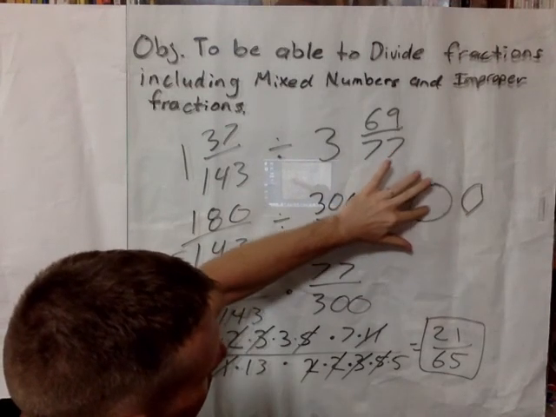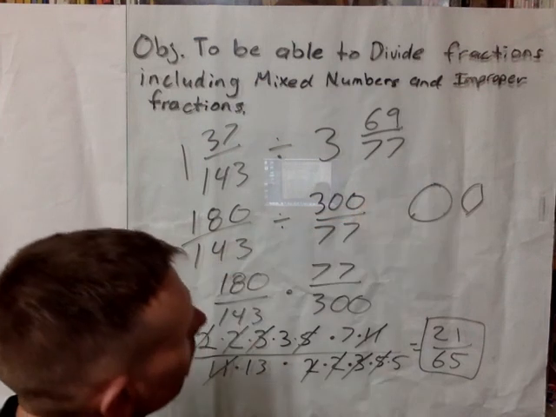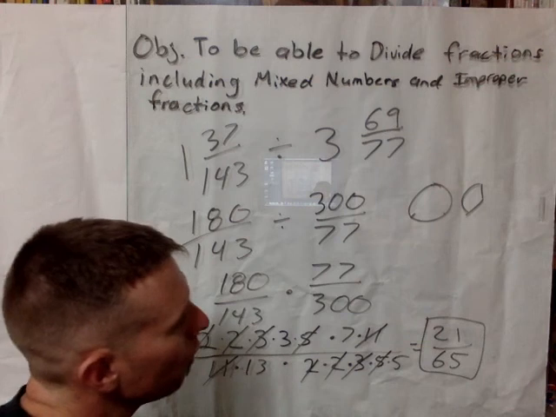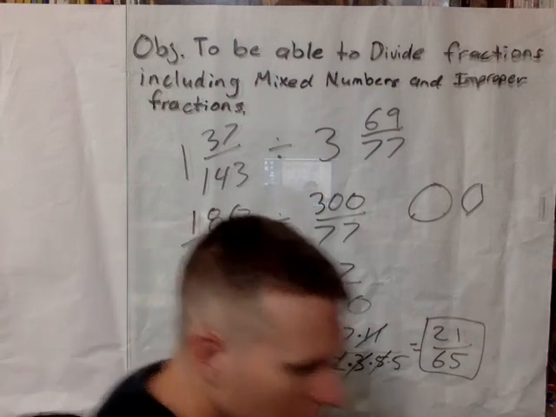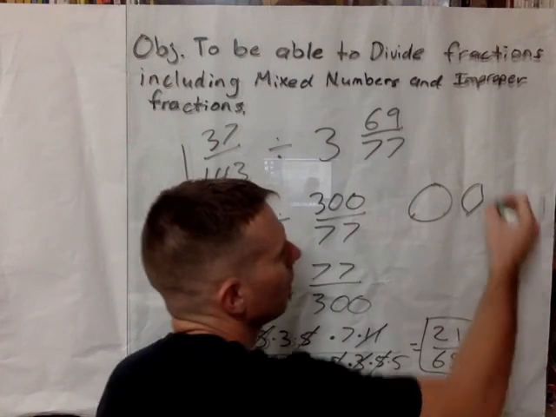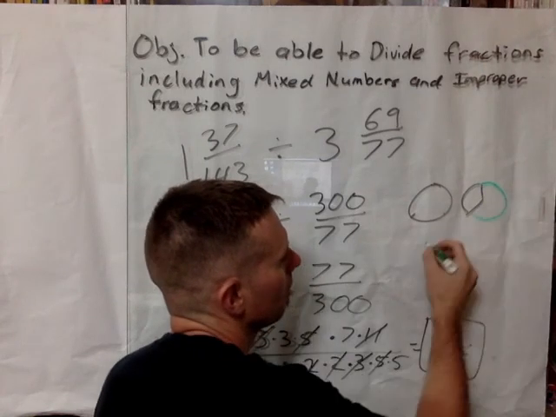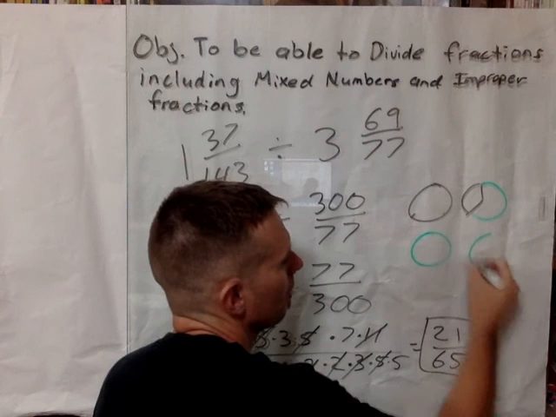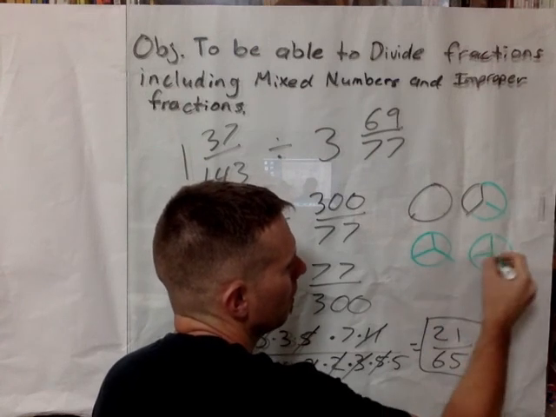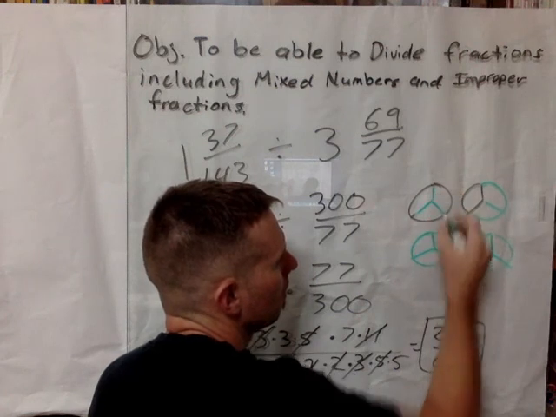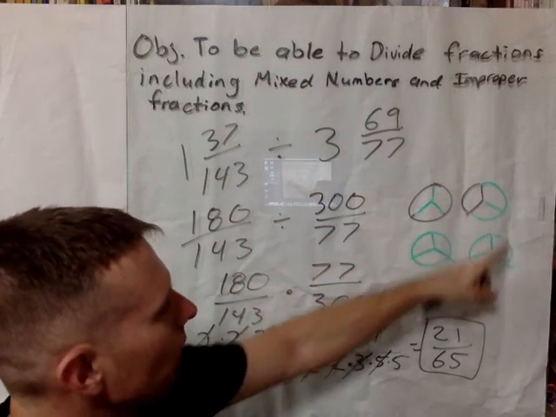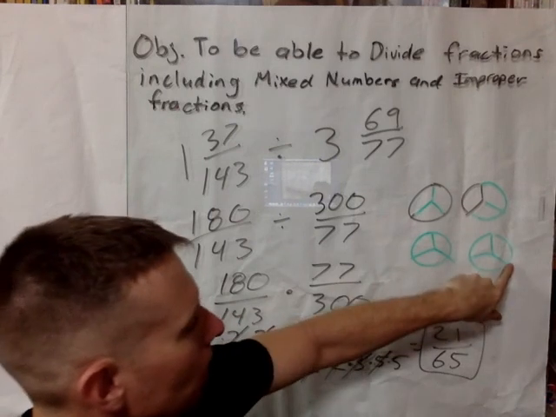Whoops, it's not a good way to show this. If I was to divide 1 1/3 into fourths, let me get another color here. This is what this actually looks like. I have 1 1/3 divided into fourths.